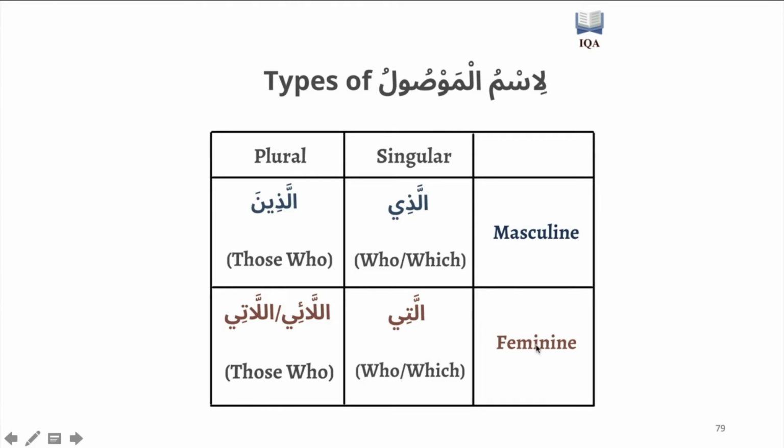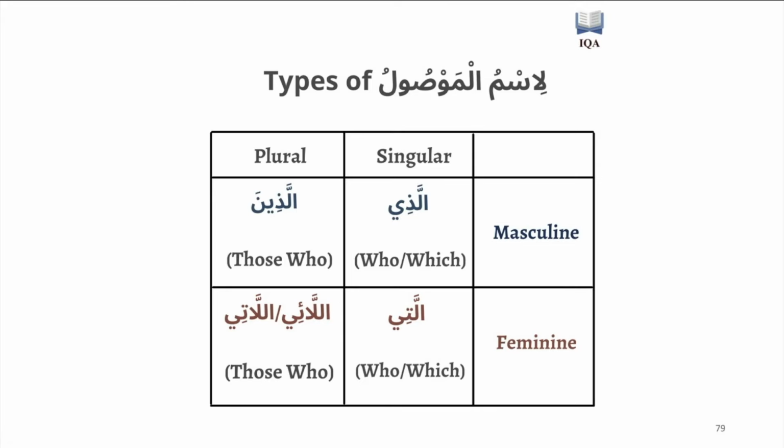The singular feminine version is allati. So if I'm referring to a man, I'm going to say al-rajulu alladhi. But if I'm referring to a woman, I would say, for example, al-muslimatu allati, the Muslim woman who, with allati instead of alladhi. So depending on whether it's male or female, I'm going to use either alladhi or allati, which both can be translated as who or which, depending on the context.